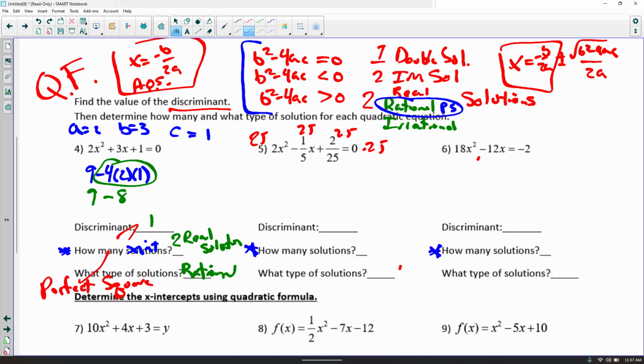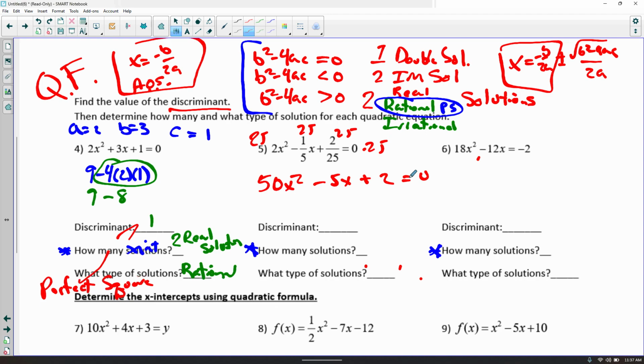Yeah, that would give me 50x squared, correct? Minus 5x, correct? Plus 2 equals 0. Questions?